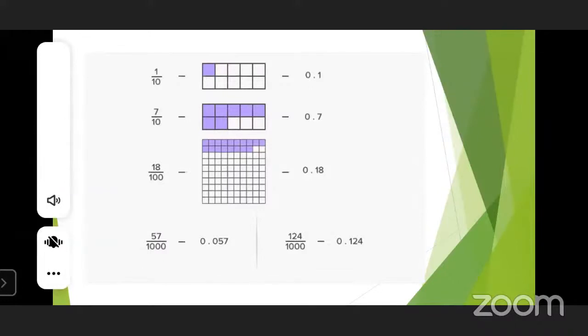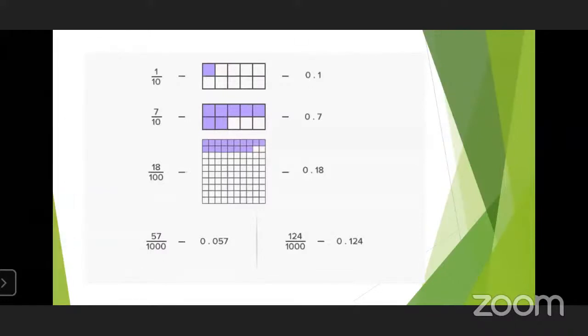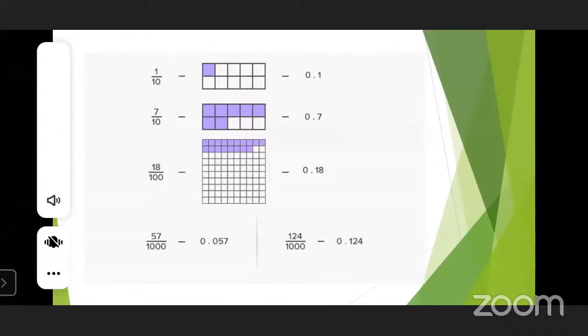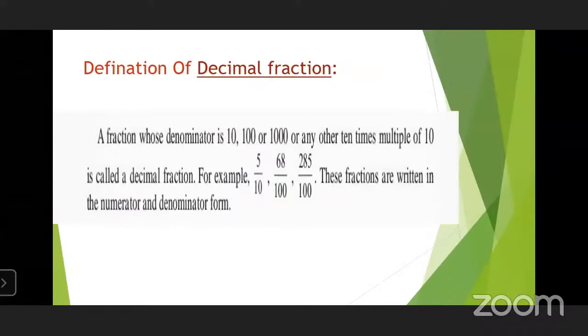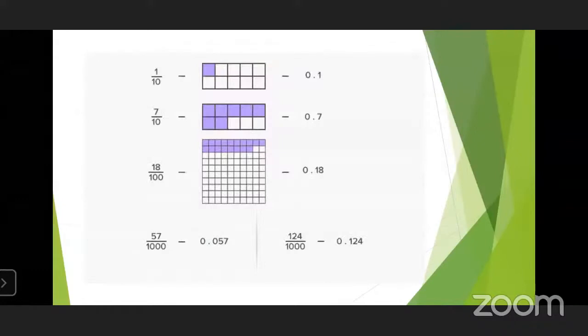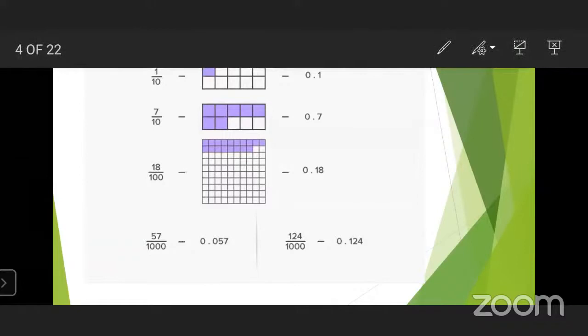Can anyone read this? The first one. 1/10. Okay, 1/10, very good. See the diagram. How many total boxes are there? First diagram. 10.